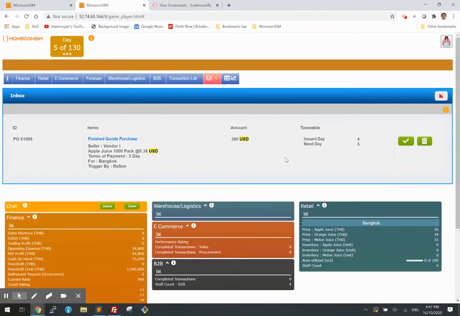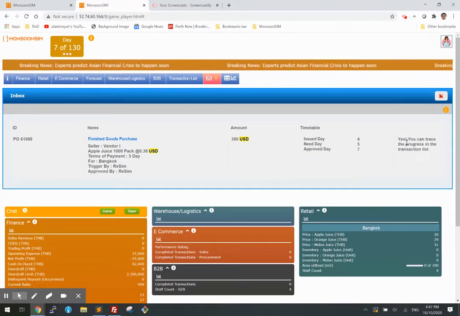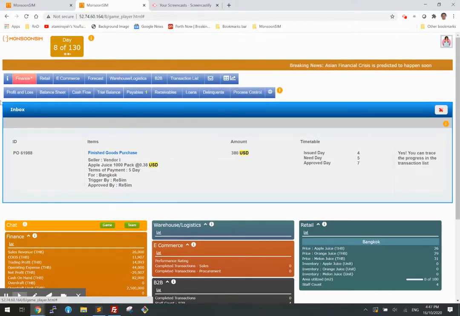Now, if I were to approve it, let's say on day 7 or 8, and I have 5-day terms of payment, there is a difference between my book rate and my settlement rate. So now let's suppose I approve this, and there you go.